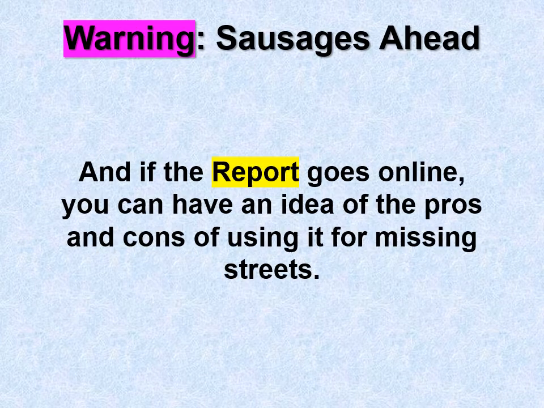And if the report goes online, well, then you can have an idea of the pros and cons of using it for missing streets. You may have to do what I'm doing to try and incorporate it into our one-step tools.